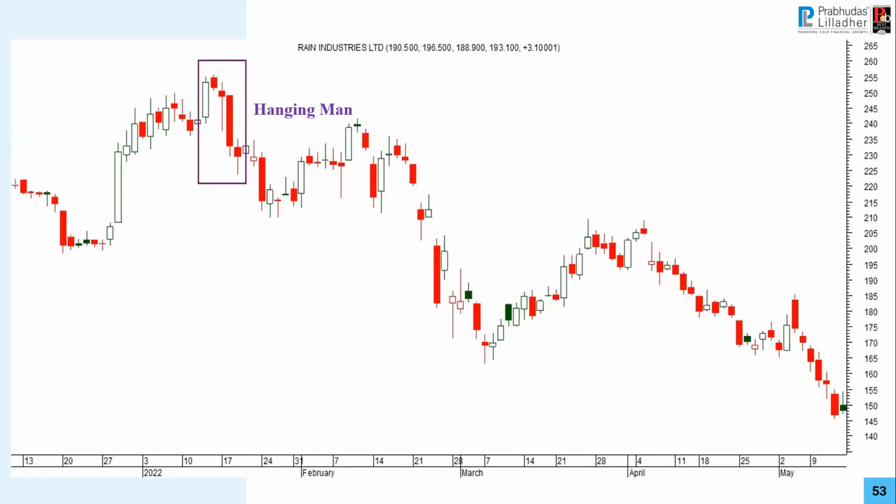The other one now we are looking at is Rain Industries. So what we are seeing over here is that, well, it is not at the beginning, at the peak of the rally, but we are seeing that the hanging man is coming eventually, whereby we can see a confirmation. Because otherwise also, if you would have seen the previous movement, it is more or less like an evening star also.